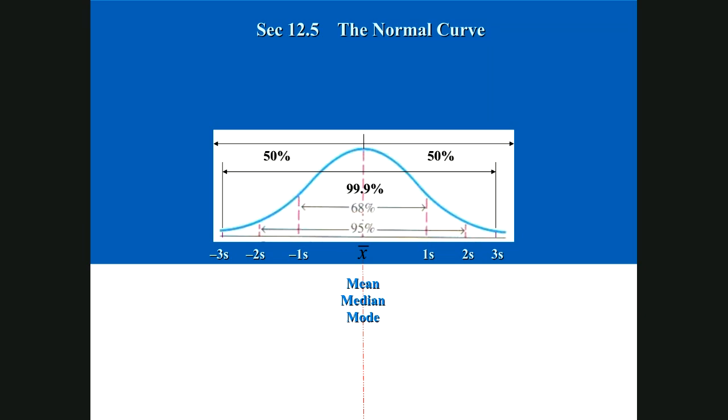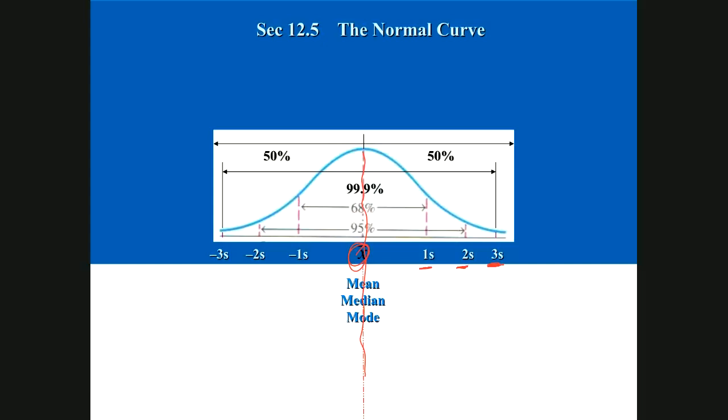So we don't have to have these z-scores, the number of standard deviations away from the mean, memorized. Okay, we have our mean, median, mode, which is the same right here. And this is our mean. And here, if we go 1 standard deviation above the mean, 2 standard deviations above the mean, 3 standard deviations above the mean.